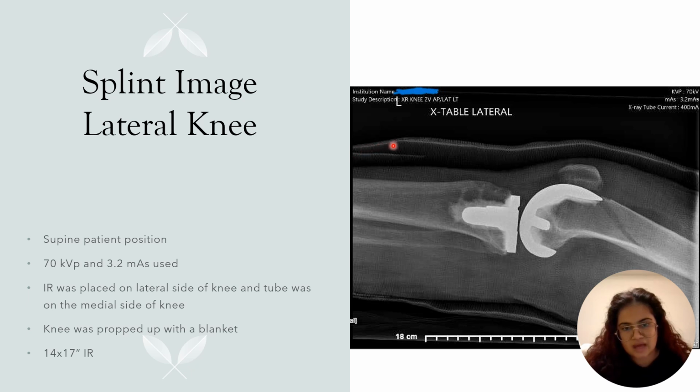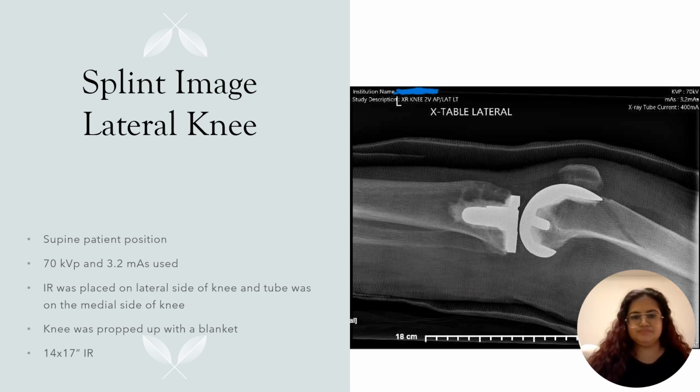We do have that ridge from the splint here and here at the borders, and it does contribute to this, again, texture of the image. Like, it looks very kind of bumpy, but we can still see the pathology clearly. We have our patella, we have our total knee replacement, so everything that the doctor was looking for was present in the image.